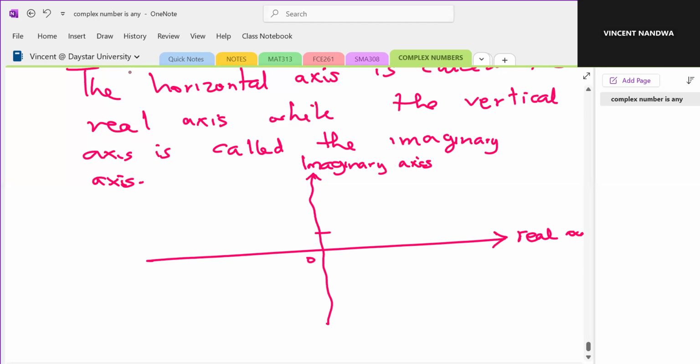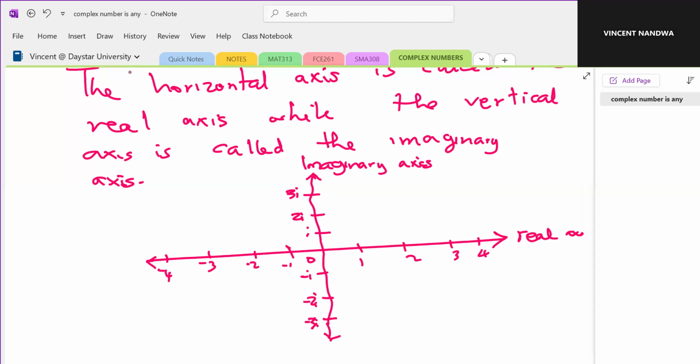Here we label i, 2i, 3i, etc. And then this will be negative i, negative 2i, negative 3i, etc. And then this negative 1, negative 2, negative 3, negative 4, etc., and 1, 2, 3, 4, etc. So that is how an Argand diagram, or a complex plane, looks like.